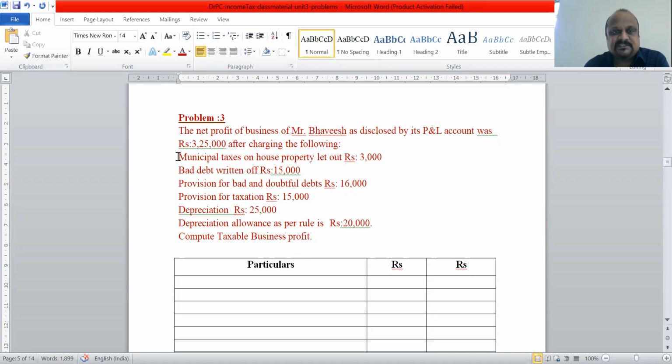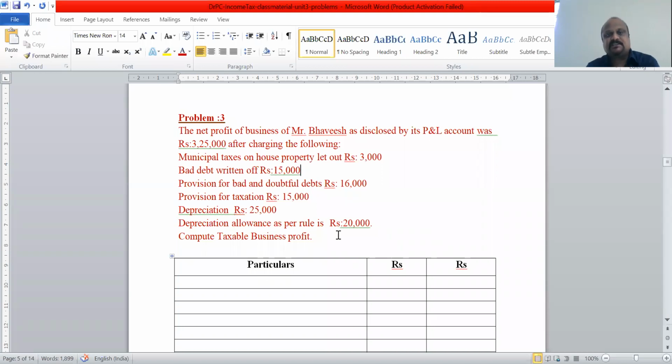First one is municipal tax on house property let out. Bad debt written off rupees 15,000. Provision for bad and doubtful debts. Provision for taxation, depreciation allowance as per rule. Compute taxable business profit.